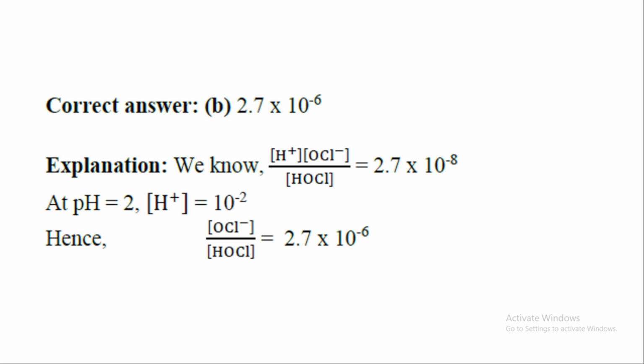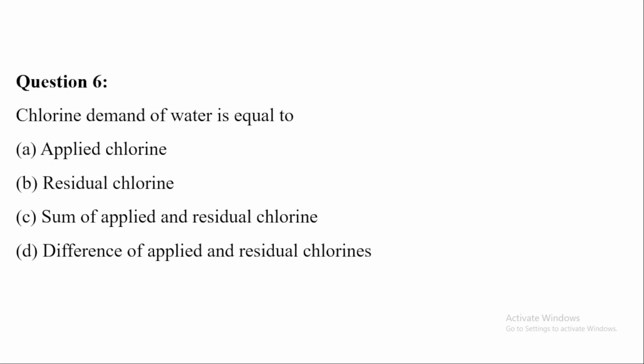What do you mean by applied chlorine and residual chlorine? When we are doing chlorination of water for disinfecting the water, we are adding a certain amount of chlorine in the water. Let's say I added X grams of chlorine in some water.